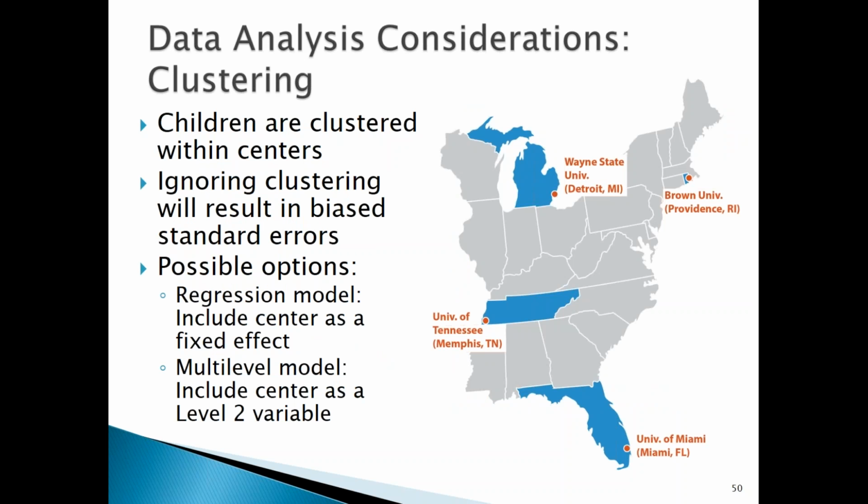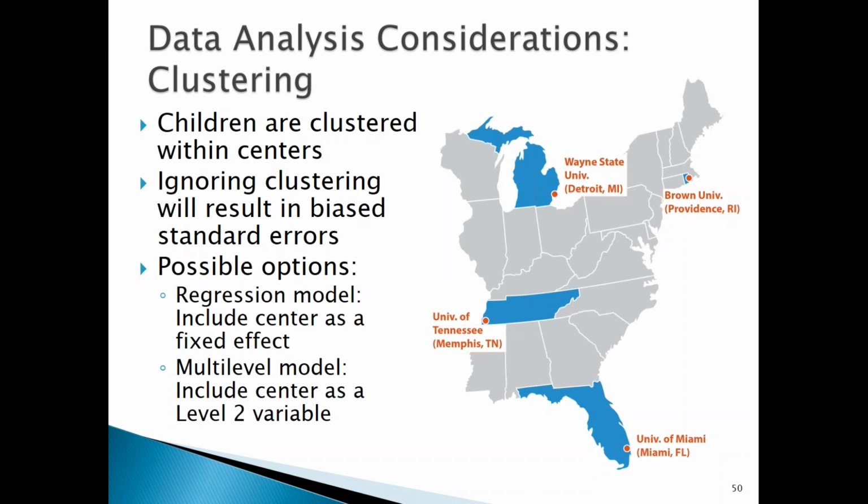Okay, so then I wanted to talk a bit about some of the things that you should consider when analyzing the data. Just briefly touching on some of these. The first is, as I mentioned at the beginning of the presentation, these data were collected at 4 different sites. As you can see on the map, they're mostly in the eastern part of the United States, but they are geographically diverse.